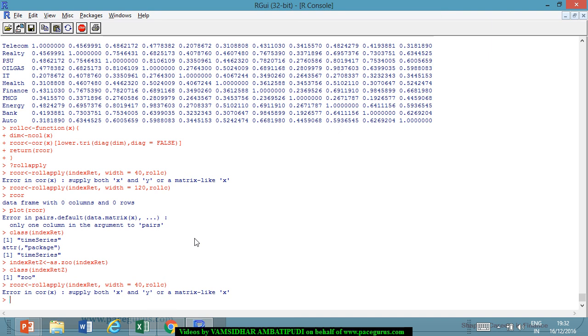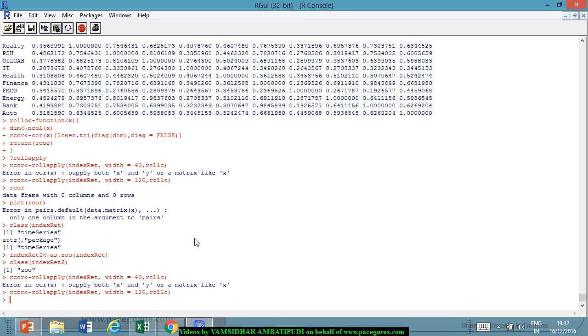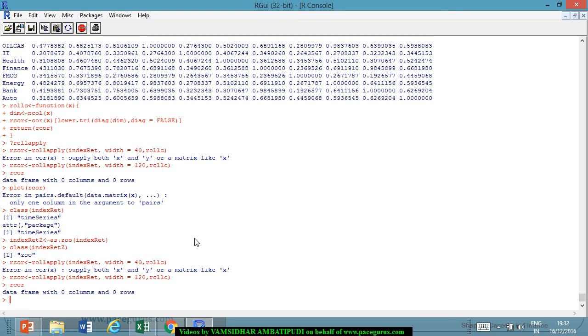I have to give the width, and when I am looking at rcor it's not able to apply. But yes, this is the one which we have looked at in Excel, we can try the same in R as well. Something has gone wrong in the process overall.